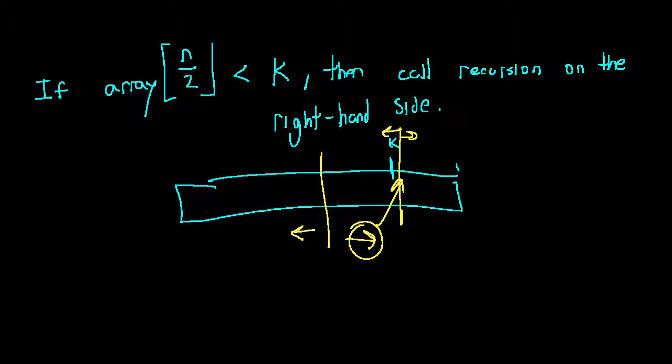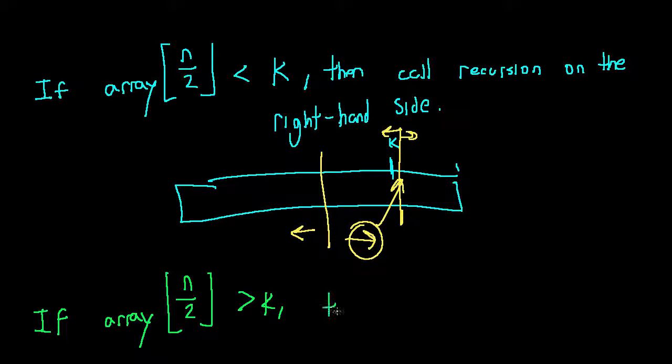And thus, on the other end, to complete what we had started writing before, if the array value at the floor of n over 2 is greater than k, then call recursion on the left-hand side.